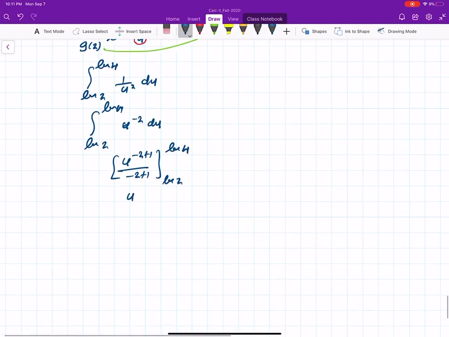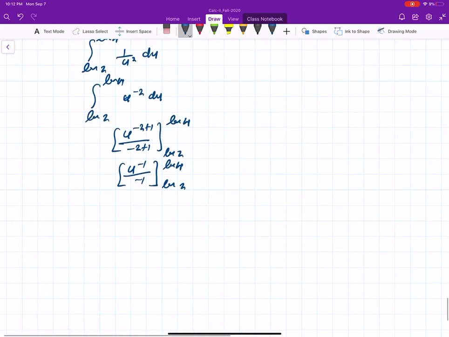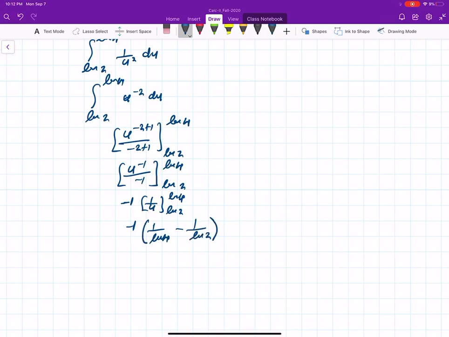So this is same as u to the power minus 1 over minus 1, from ln 2 to ln 4. Okay, so this is same as minus 1 times 1 over u, with limits ln 2 to ln 4. Now you're going to apply the limits: minus 1 over ln 4 minus 1 over ln 2. All right, so that's what you get.